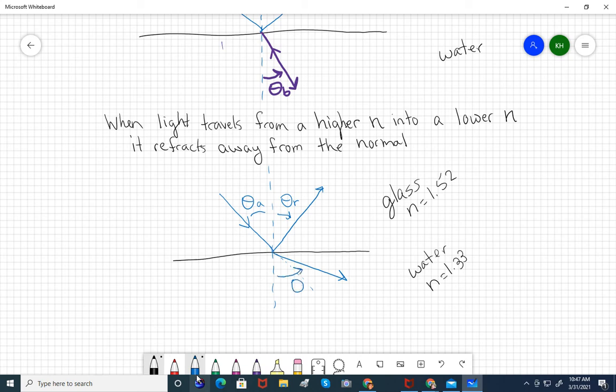This is theta B. Again, if we started in this material, this would be our incident index of refraction, this would be our incident angle, and you would see it would refract toward the normal. The path works both ways.